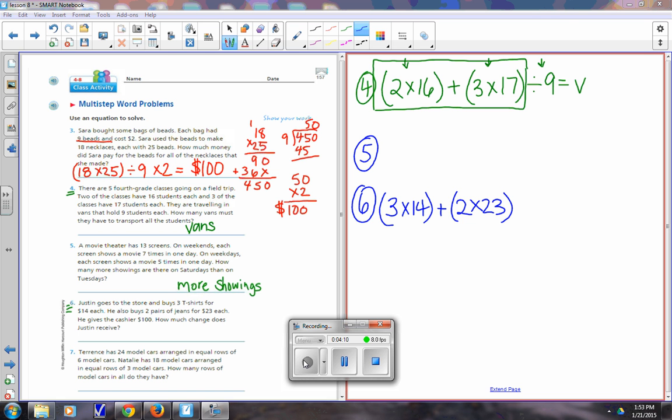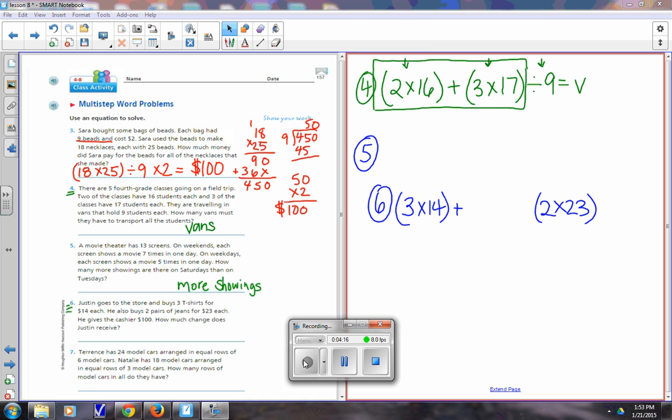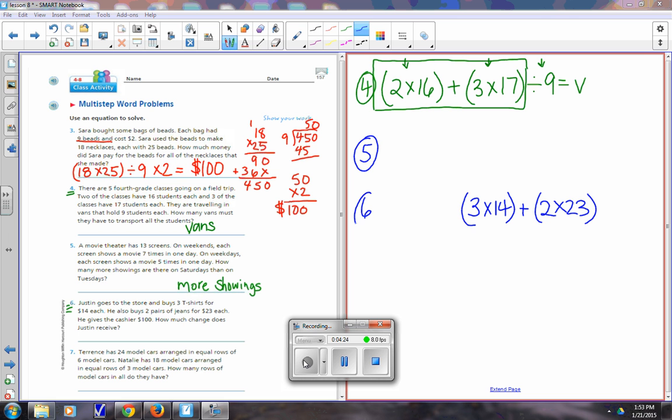And I'm going to take all of this away. I'm going to move this over, hopefully. I'm going to erase the 6. Why do you think I'm moving it? Because hopefully this is going to be less than $100, and I'm going to get some change.